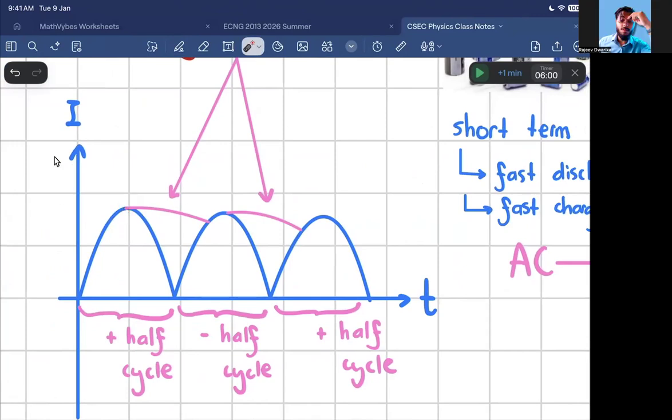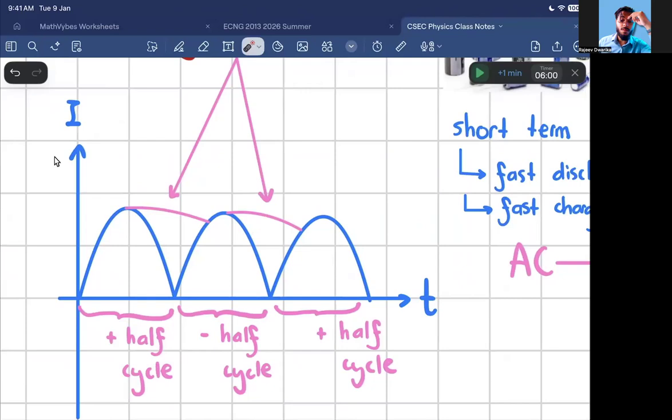Let me explain. Alternating current means that the current switches direction, right? The type that you have in your main socket switches direction 60 times per second.